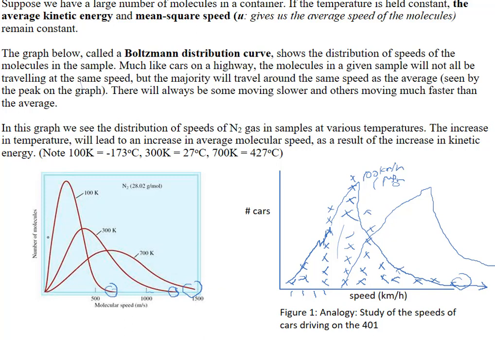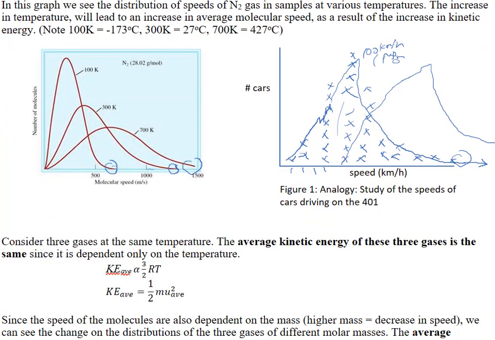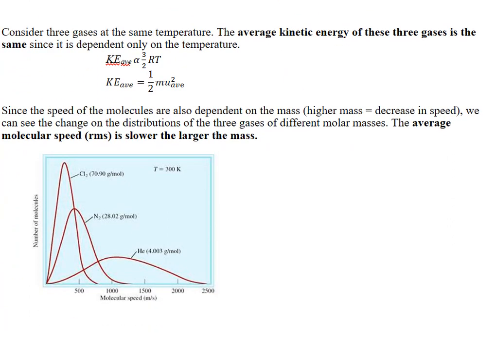So the number of molecules that have a given speed at that moment in time changes. The speed that they have is related to the kinetic energy that's available. As you know, if there's more kinetic energy available, then things are going to be moving faster. That's why when we have a higher temperature, we're going to have a higher average speed.